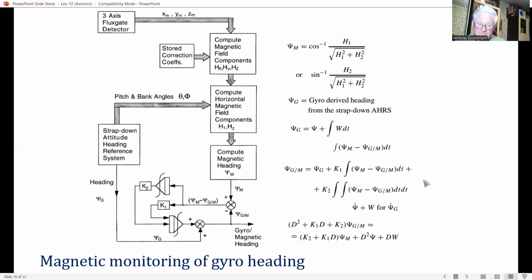Differentiating the equation twice, we need to substitute psi dot for psi sub g. That gives us this bottom expression. Okay.